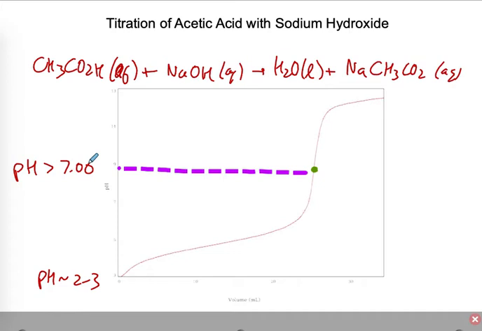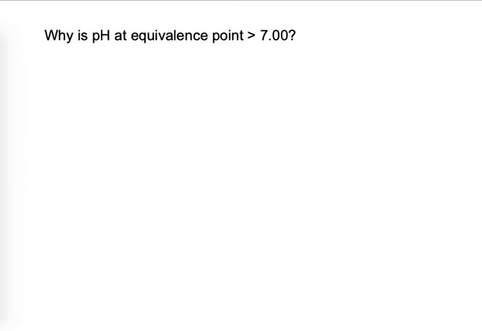Why is that? Well, once again, ask yourself, what are the most important species present at the equivalence point? And they are, of course, the sodium cation and the acetate anion. So, why is the pH at the equivalence point greater than 7? Well, we have, as I said before, these two ionic species present in highest concentration.